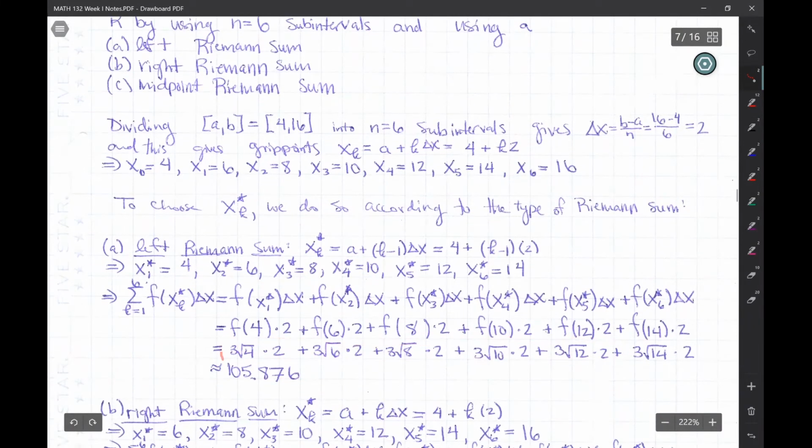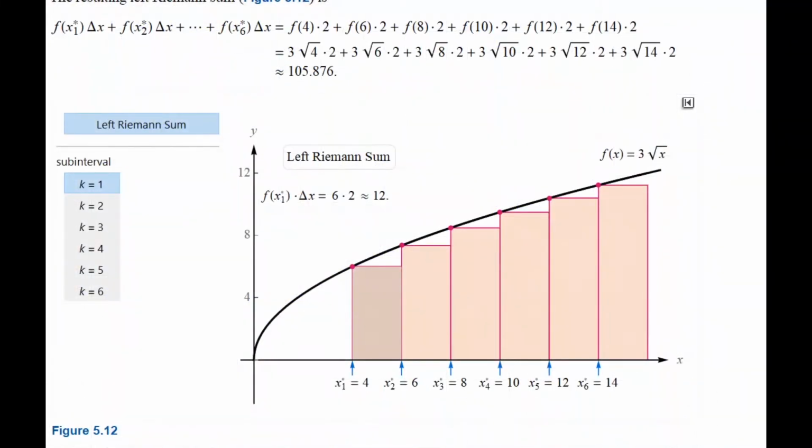Giving in the left Riemann sum there gives us an approximation of 105.876. So what you see here is precisely the left Riemann sum we just evaluated. Okay, here are the different subintervals. That's the first one. The second subinterval, its area is approximately 14.697.